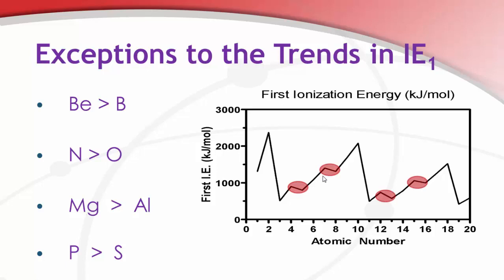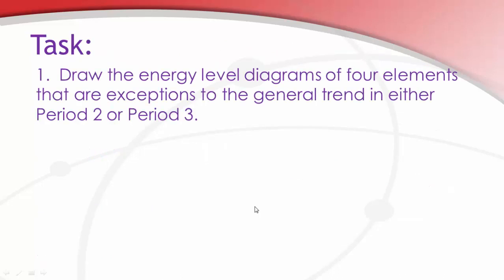So what I'd encourage you to do is have a look at the electron configuration and see if you can attribute something to these deviations from the trend. So beryllium's more than boron, nitrogen's more than oxygen, magnesium's more than aluminum, and phosphorus is more than sulfur. Have a look at a couple of those.